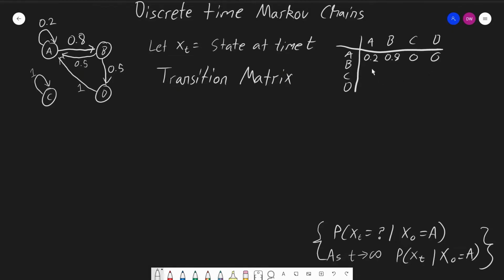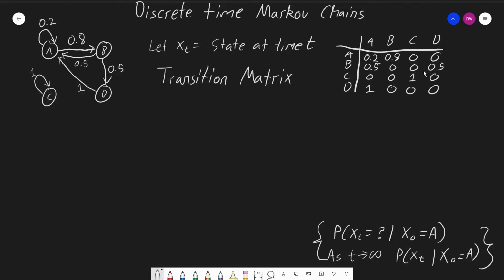Next, the chance of going from B to A is 0.5, the chance of going from B to D is 0.5, and then it's 0 everywhere else, right? We never stay at B and we never go to C from B. If we're at C, you'll notice it's 0 everywhere except it can stay at itself, and in fact, it only ever stays at itself. And then D is guaranteed to transfer to A. So from D, you can only go to A. Everything else is 0.